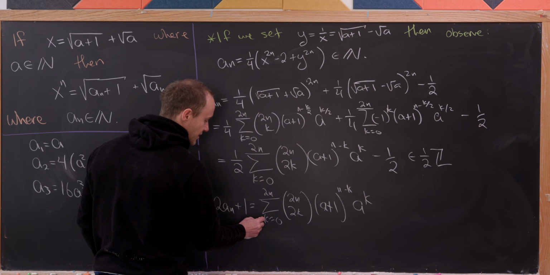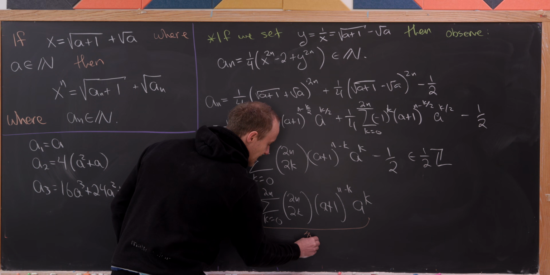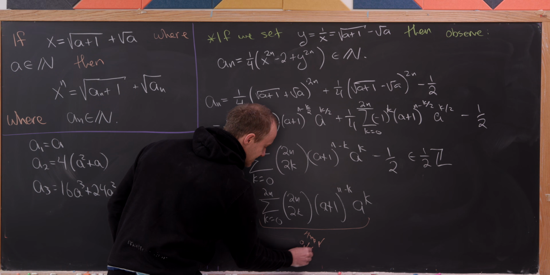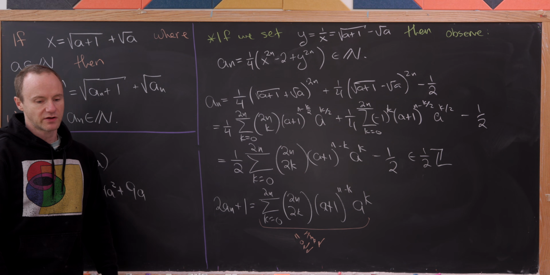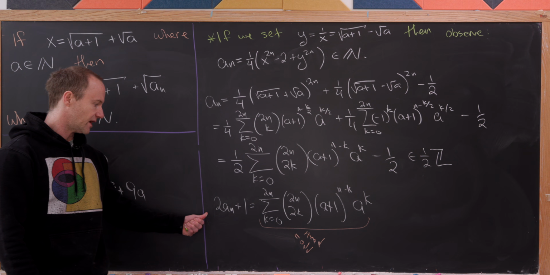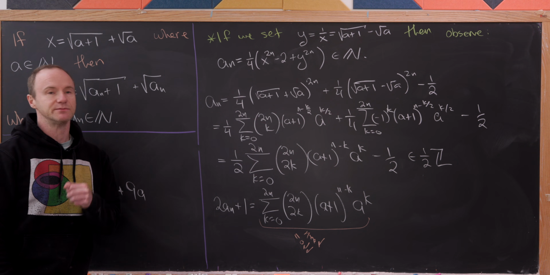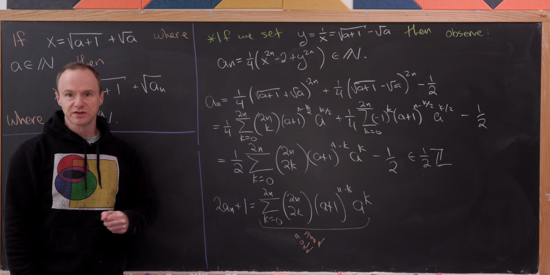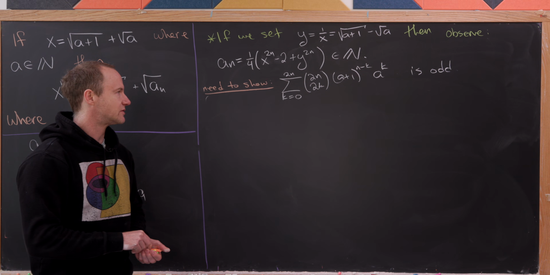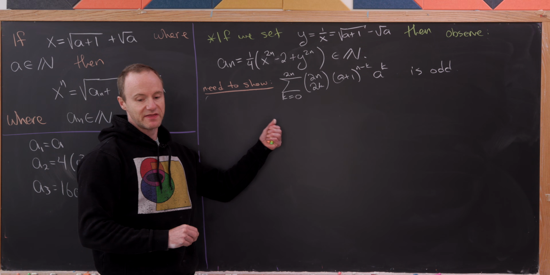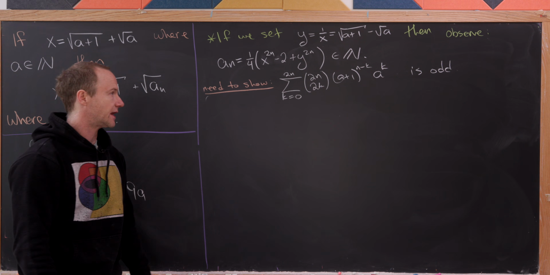And observe that under this setting, what we need is for this to be an odd number. And if that thing over there that I have underlined is an odd number, then our a sub n is most definitely a natural number. So let's see if we can prove that. Okay, so like I said, we've gotten this down to needing to show that this sum is odd.